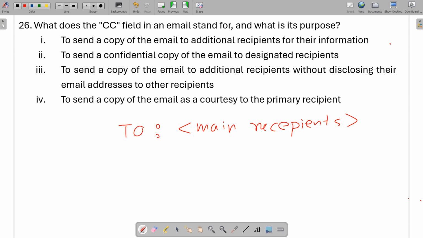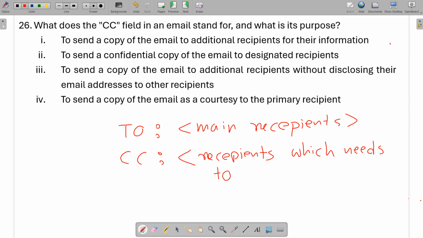And CC, that is for the carbon copy, the recipients which need to be informed about the main recipients.